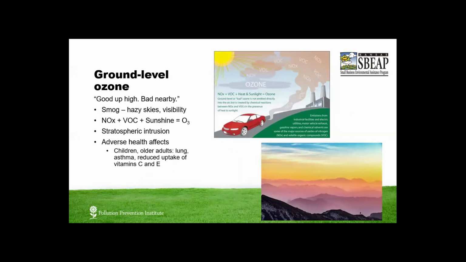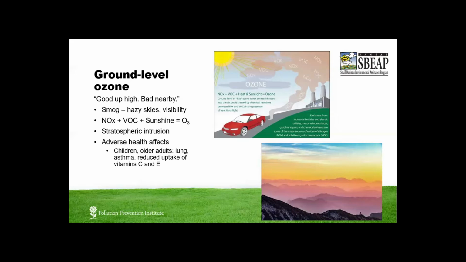Ground level ozone. While ozone is important in the upper atmosphere, or stratosphere, ground level ozone in our troposphere can cause ill health effects and reduce visibility. Any source emitting NOx or volatile organic compound emissions are contributors to the formation of ozone.